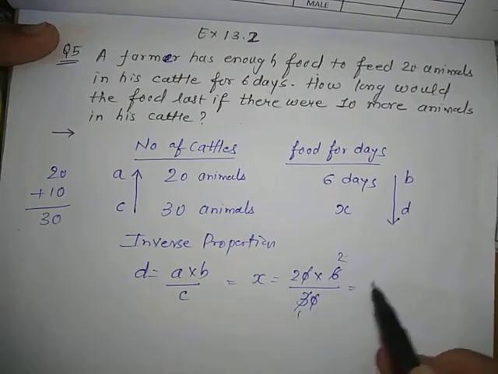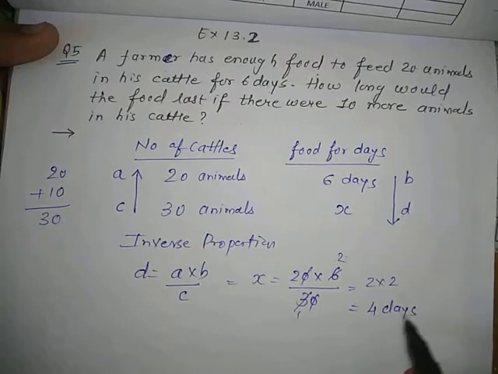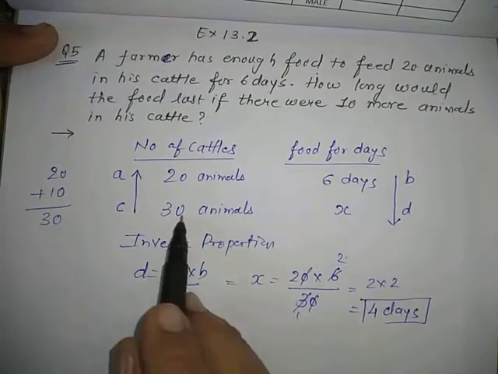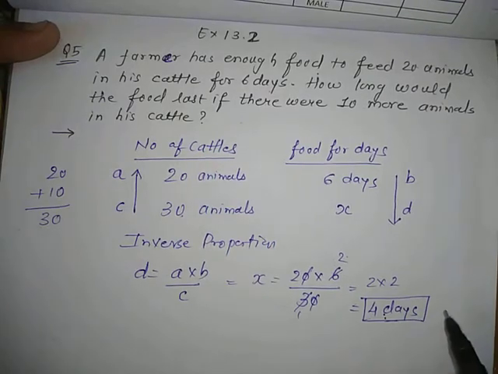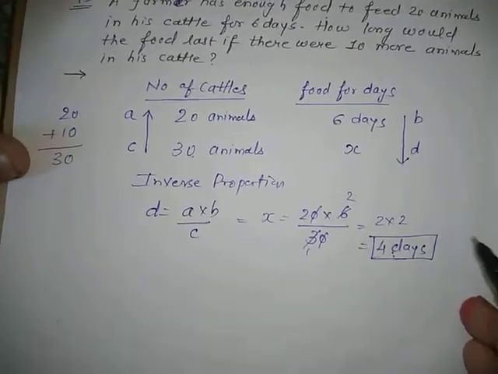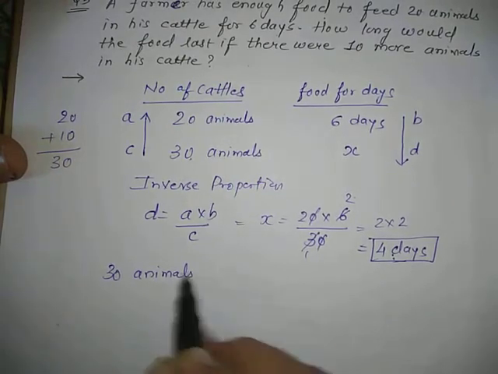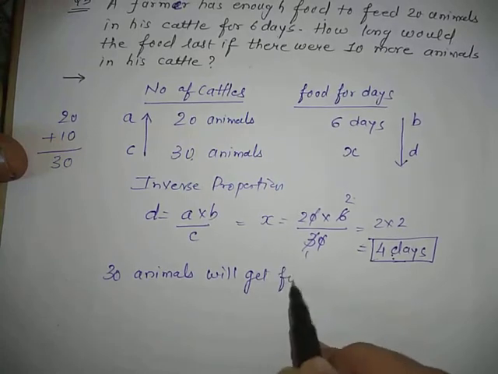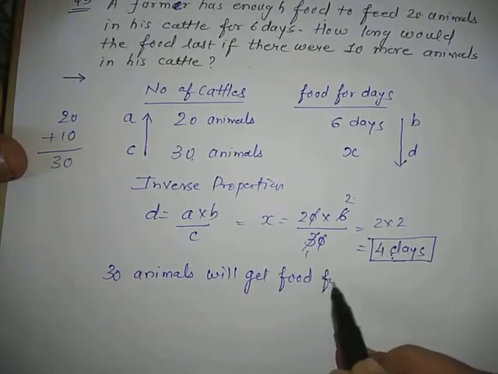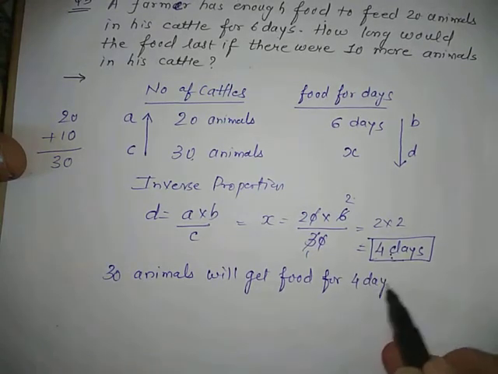So 2 into 2 means 4 days. So 30 animals will get food for 4 days.